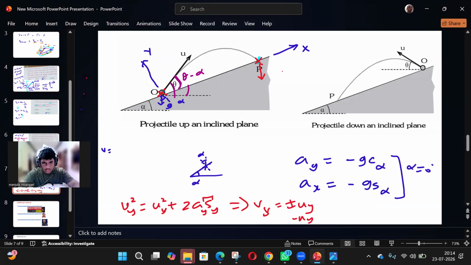So you can do the full flight time and use v equal to u plus at, y component, y direction, and this time will become the total flight time because I'm choosing this initial point and the final point. And I know this result that vy is minus uy from this one, correct?